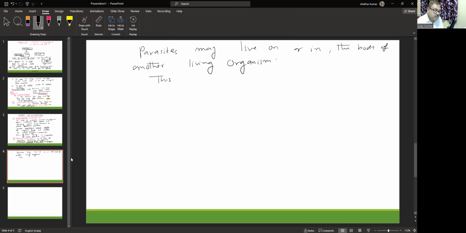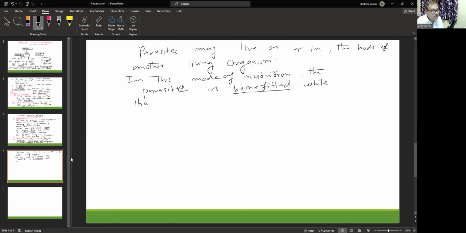In this mode of nutrition, the parasite is benefited when it feeds, while the host gets harmed.